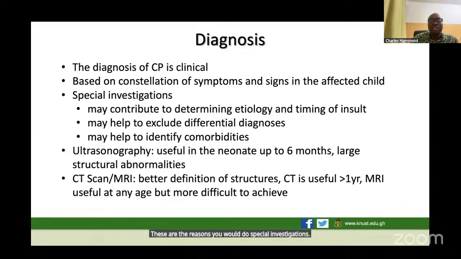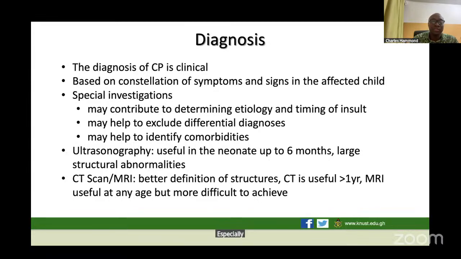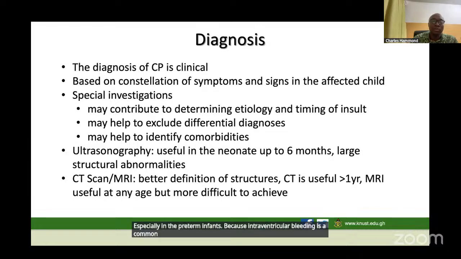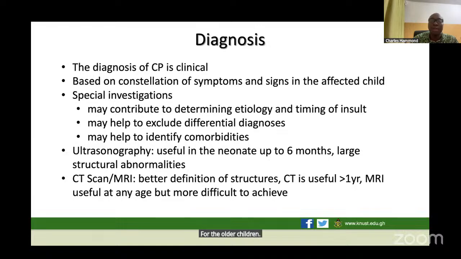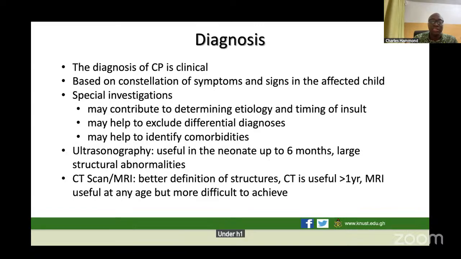And common investigations will include transfontanel ultrasound. This can be used in babies whose anterior fontanels are still patent. And it might help you pick up things like bleeds, especially in the preterm infants, because intraventricular bleeding is a common cause of cerebral palsy. For the older children, you want to do a CT or an MRI, but you have to avoid the CT scan in the child under age 1 because of the harmful effects of the radiation.